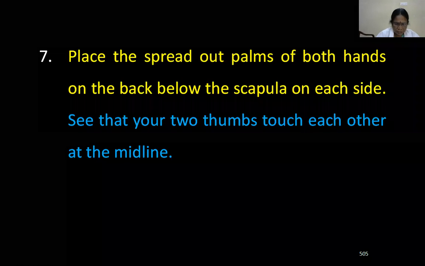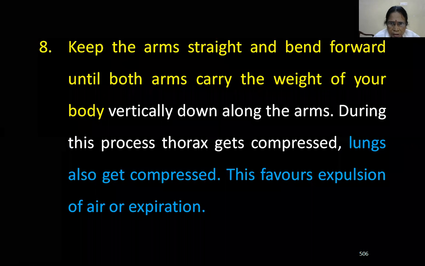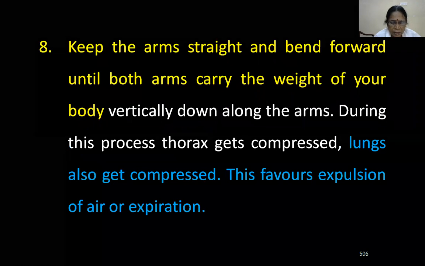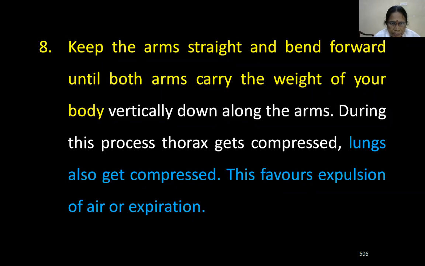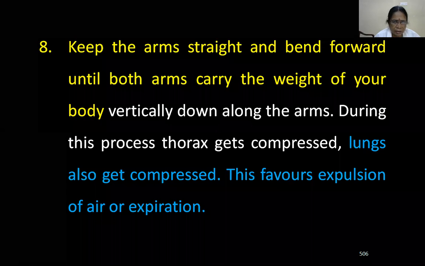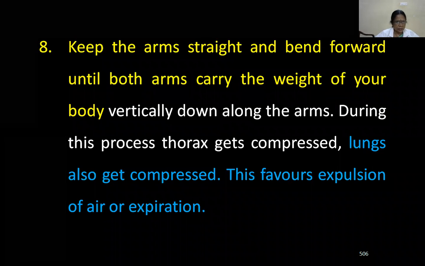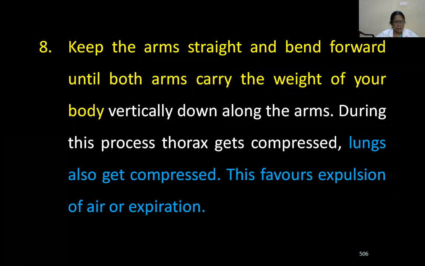Now he applies pressure over the thorax while the patient is in the prone position. The resuscitator bends forwards until the weight of his body falls on his arms and exerts pressure on the thorax.